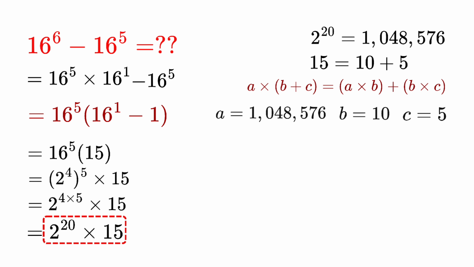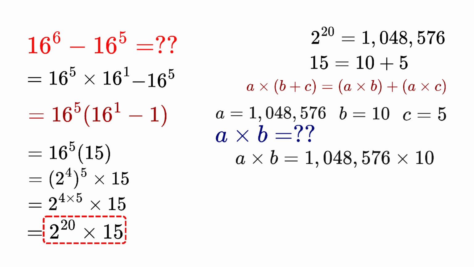The first part is a times b. Now, putting the value, this multiplication is easy because the number is multiplied with 10. Just add a 0 to the number and we get the answer. So it equals 10,485,760.